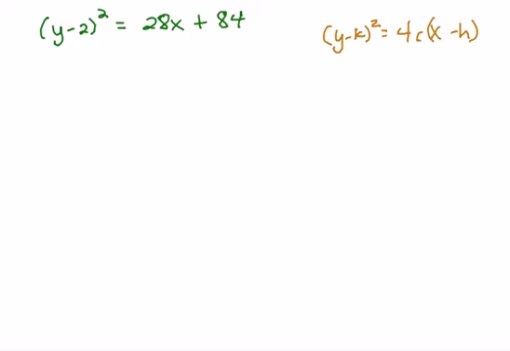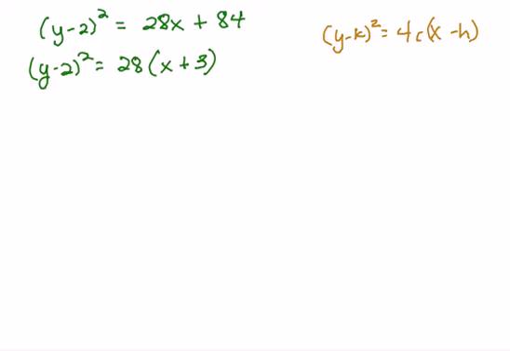So it looks like the last thing I need to do here is just to factor out and figure out that 4c term. So with what we have here, I'm going to factor out that 28 so that my x just has a coefficient of 1. And if I factor out 28 from 84, 28 times 3 is 84. So that's going to leave me with a plus 3. So now we have our parabola in standard form.